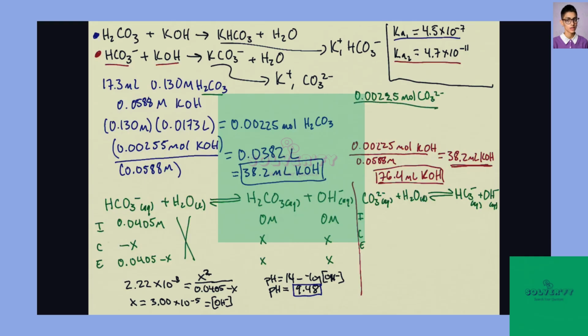And our volume is going to be our original 17.3 milliliters of H2CO3 plus our total addition of KOH, which is 76.4 milliliters. This gives us a total concentration of 0.024.